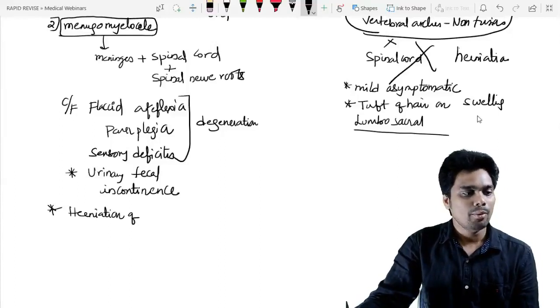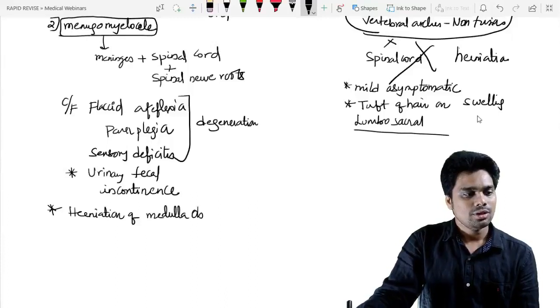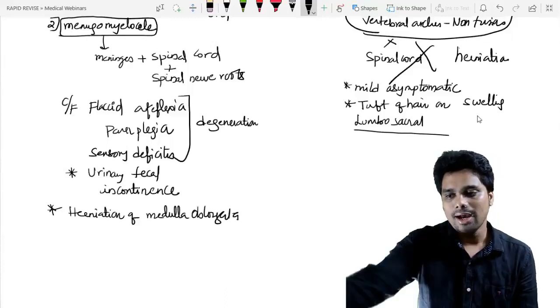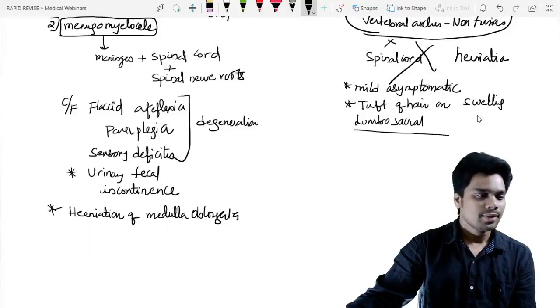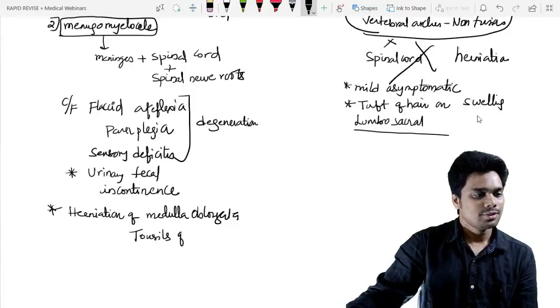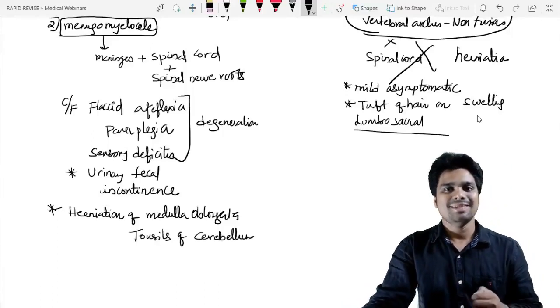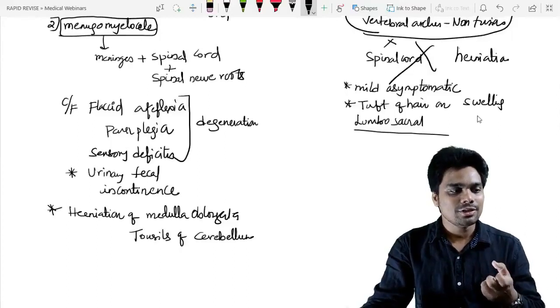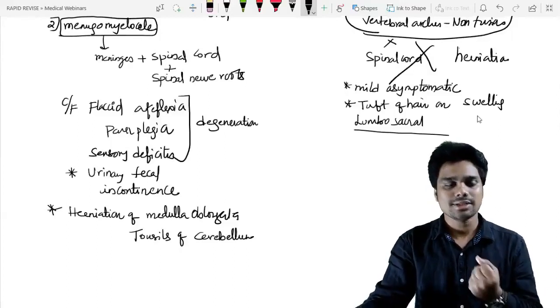of both the medulla oblongata, and we also have herniation of the tonsils of the cerebellum. So what are the two entities? Because of meningomyelocele, sometimes there is herniation of the medulla oblongata and tonsils of the cerebellum.